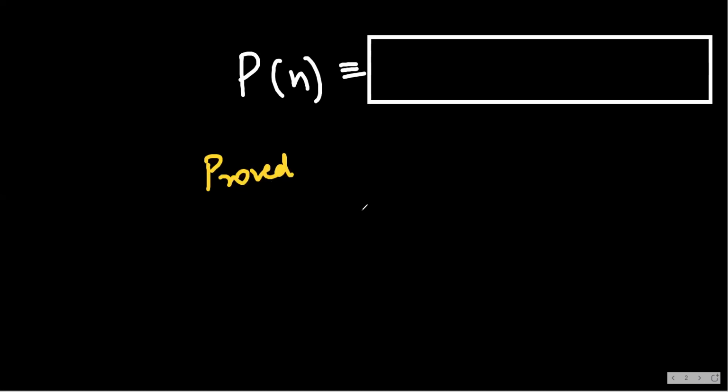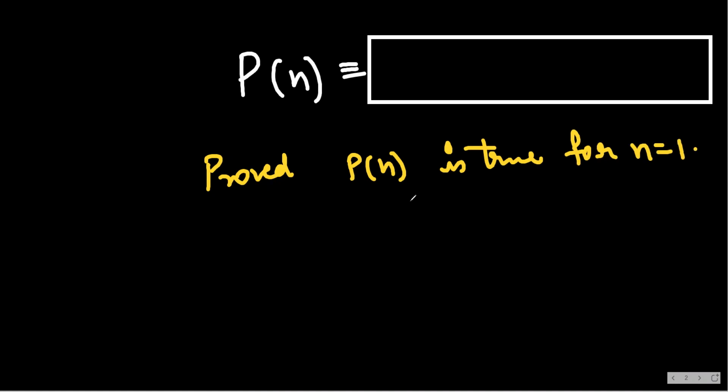I'm writing proved because any problem I start, I will prove it. So suppose I proved that P of n is true for n equals 1. This is my first stage. Now I'll move to the second stage.